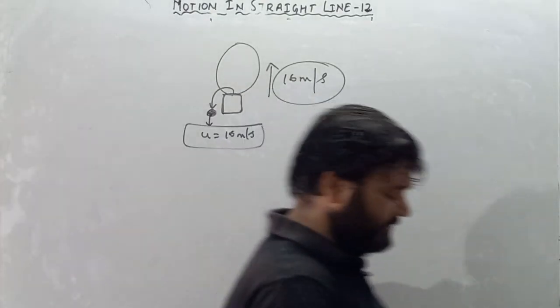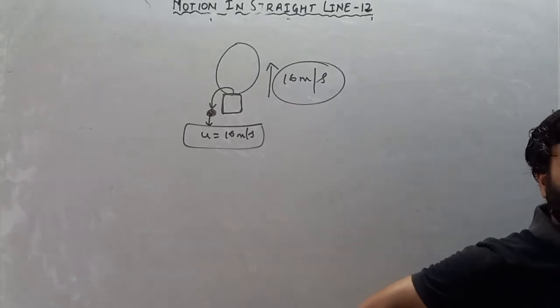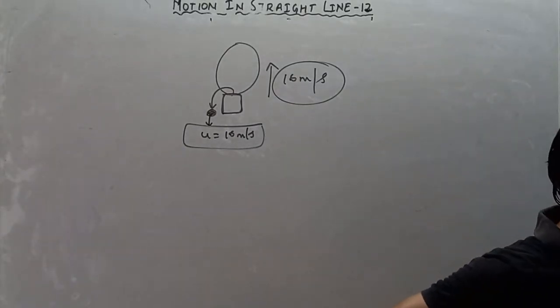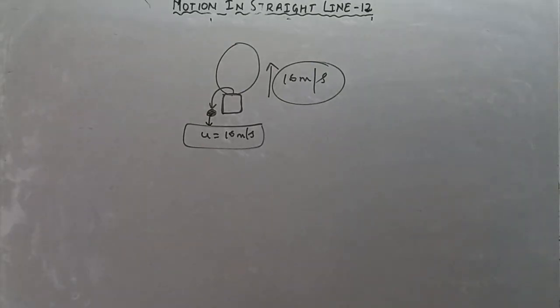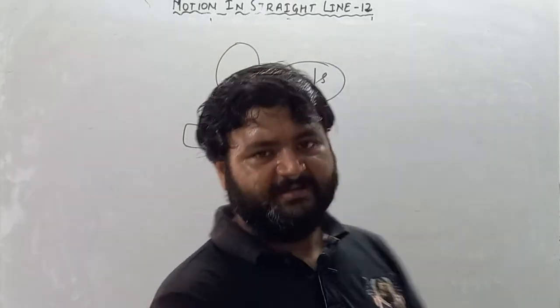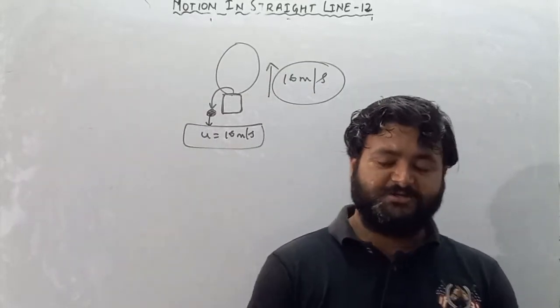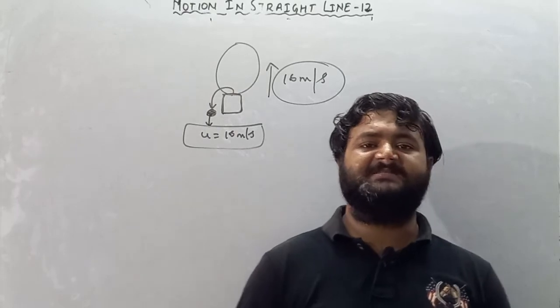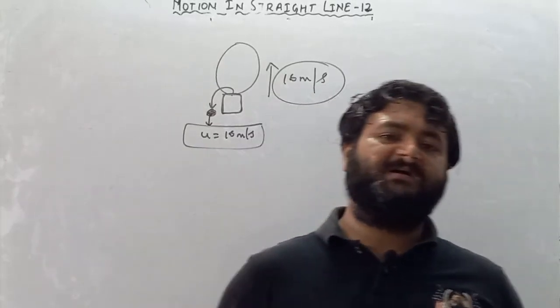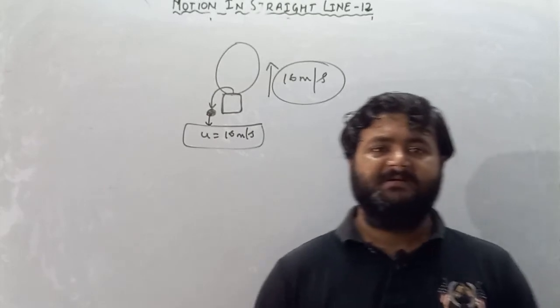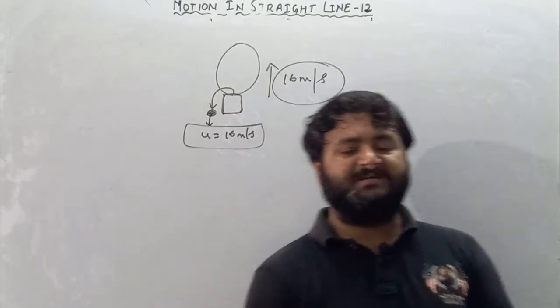Write down this in form of a note: if any object is dropped from any moving object, from any moving body, then the initial velocity of the dropping object is equal to the velocity of the moving body.